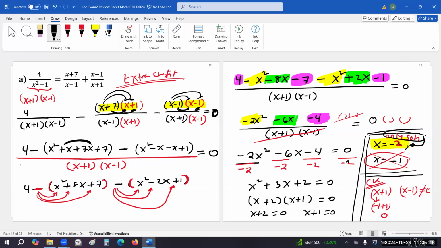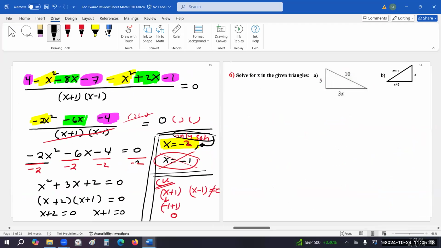So we are done with solving equations, and now we are solving triangles. Last semester they gave this one.